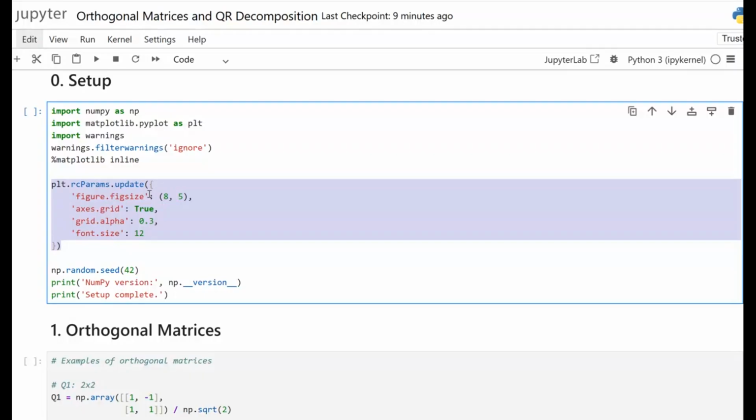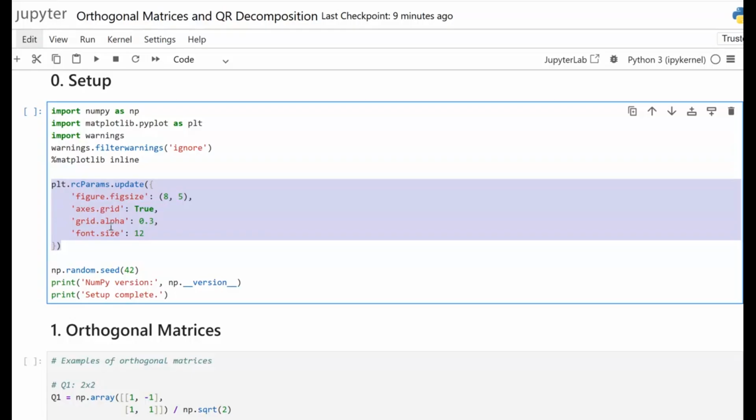This sets the default size of all figures to 8 inches wide and 5 inches tall, and it enables the grid lines on all plots by default. And here we set the transparency of grid lines to 30%, making them subtle and less visually dominant. And of course, last, it sets the default font size for all text in the plots to 12.